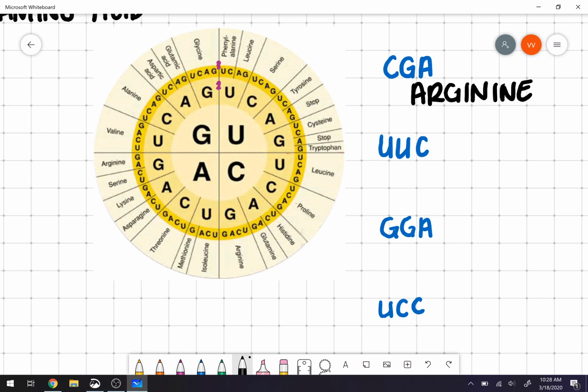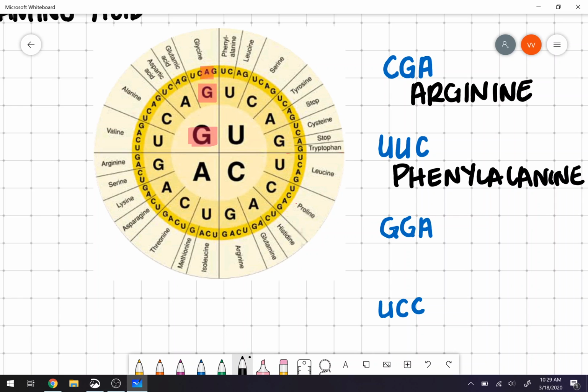Okay. Next one is UUC, which means that our second amino acid is phenylalanine. Our third codon is GGA.